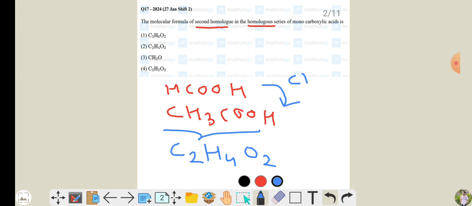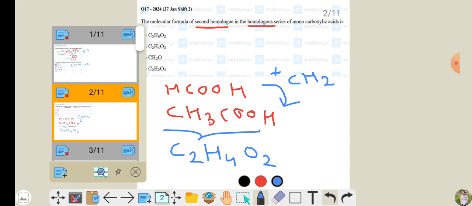If I ask for the third homologue, then again add CH2 to this formula, and you get the third. If I ask for the fourth, fifth, like this, you just add the CH2 unit and you will get the homologue. Simple question, this type of silly question can be asked in the exam, so make a note of the point.